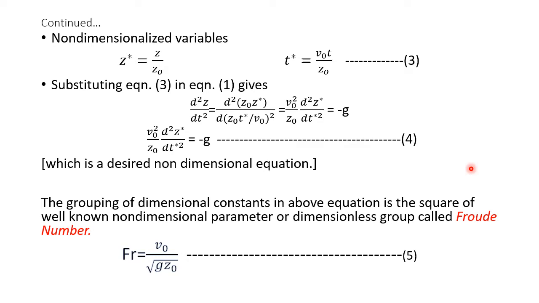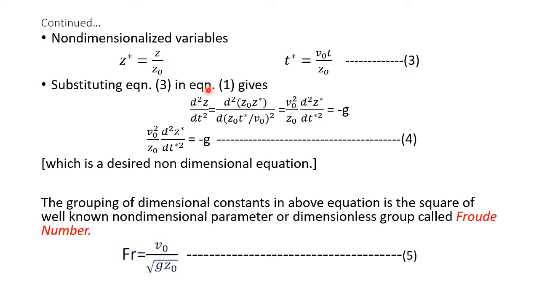So we divide z by z0, and whatever non-dimensionalized expression I get, I call it z star. Similarly I divide v0 t by z0; here v0 is meters per second into second gets cancelled, so units are the same in the numerator and denominator. Whatever expression I get for the non-dimensionalized form of t, I call it t star.